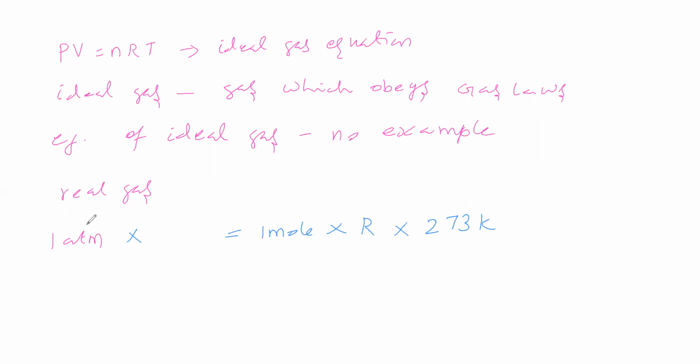Here pressure is 1 atmosphere and temperature is 273 Kelvin. This is called STP condition. The abbreviation STP stands for standard temperature and pressure.